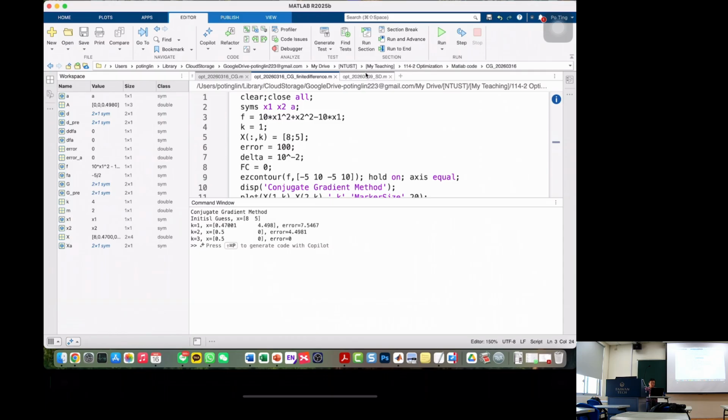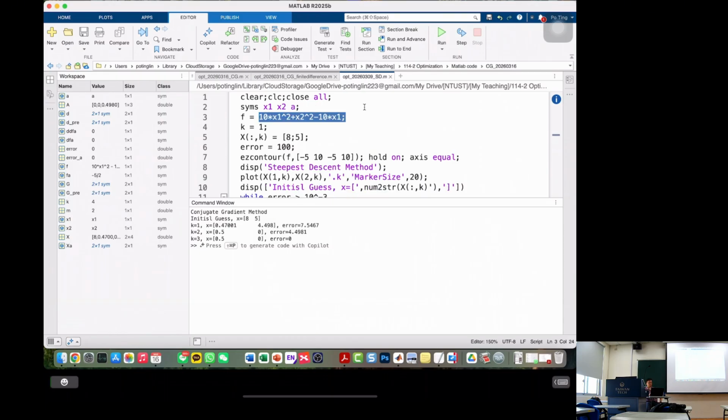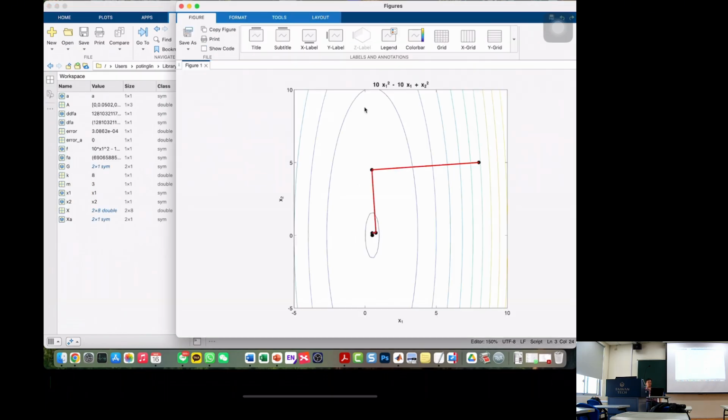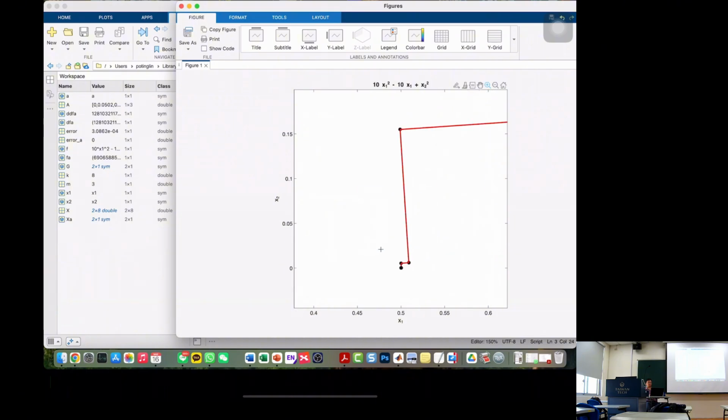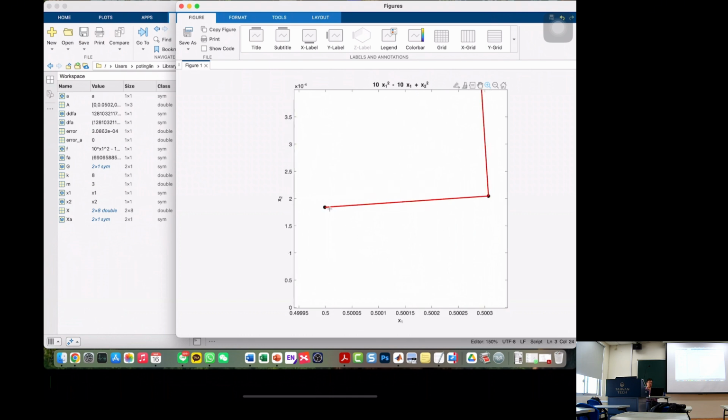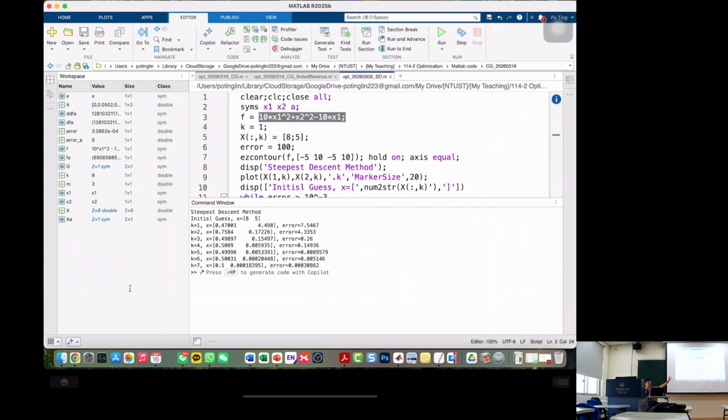Okay, this is steepest descent. Okay, you can see how this method is trying to move along this zigzag 90-degree turn. Eventually stop right here.